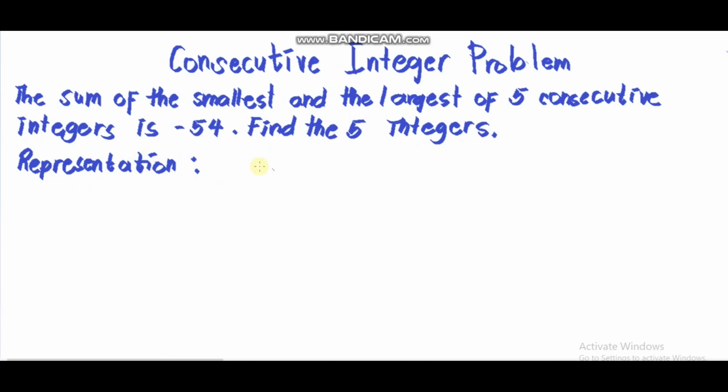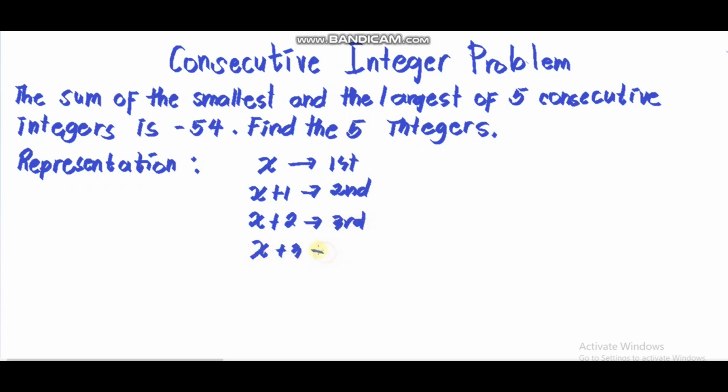How many? There are 5. So x is our first, x plus 1, second, x plus 2, third, x plus 3 is our fourth, and x plus 4 is our fifth.